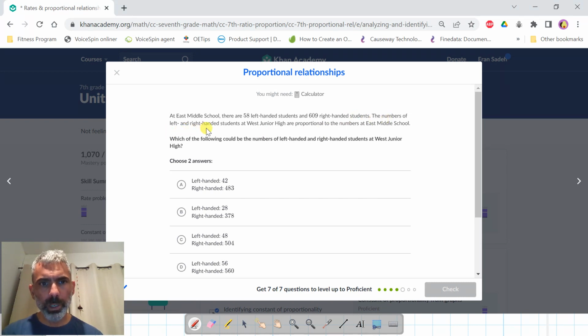Okay, the numbers of left and right-handed students at West Junior High are proportional to the numbers at East Middle School. So West Junior High has the same ratio between left-handed students and right-handed students. Which of the following could be numbers of left-handed and right-handed students at West Junior High?